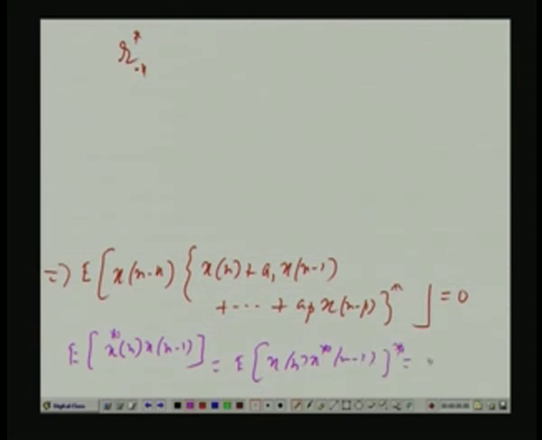So it is actually not r minus 1 star, r 1 star. Am I correct?